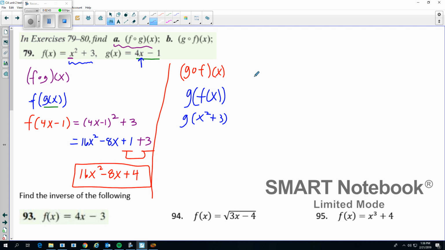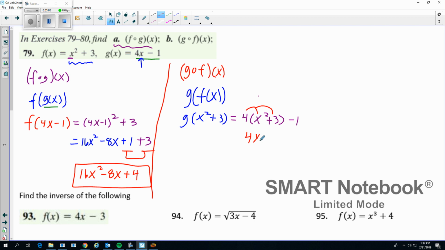So we get 4 times x squared plus 3, and then you have that minus 1 right there. You do want to distribute the 4.